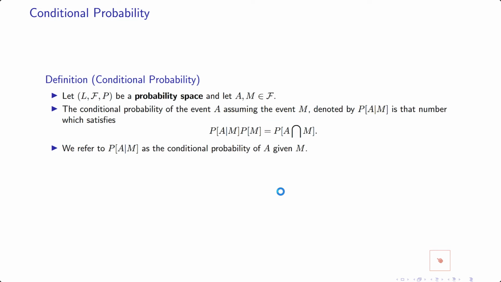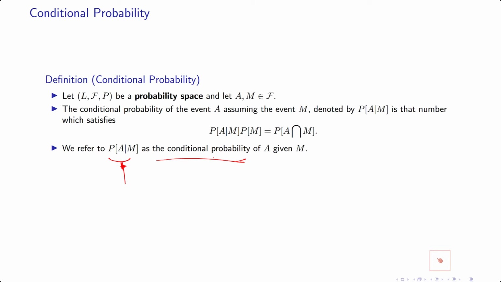So we refer to this probability as the conditional probability. We haven't shown yet that this is a probability measure, but it's easy. You can do it very easily. Because we will show that this is a probability measure, conditional probability will form a new probability space. And the values are different.